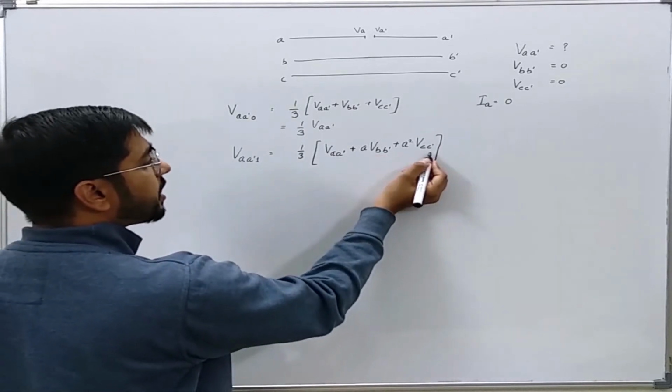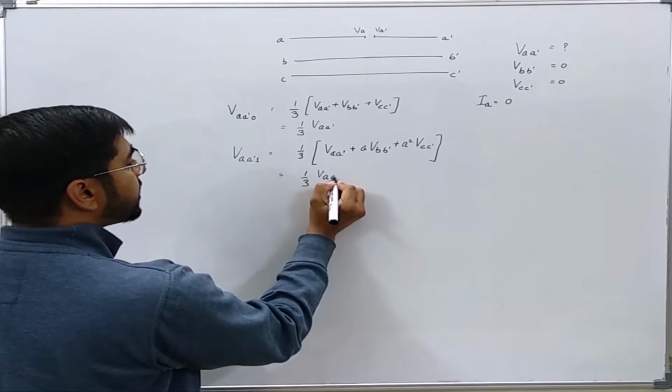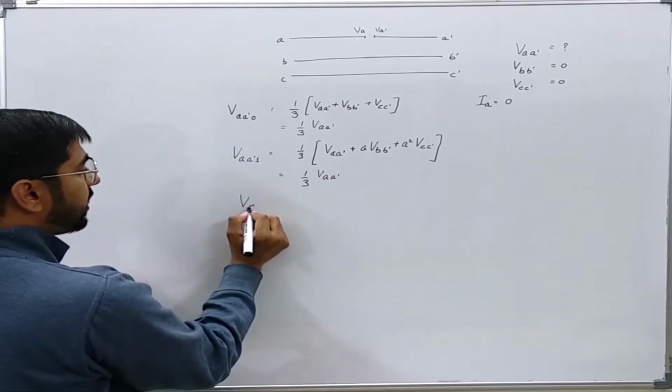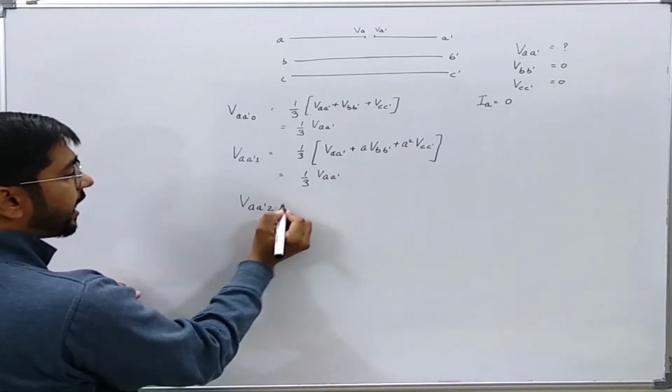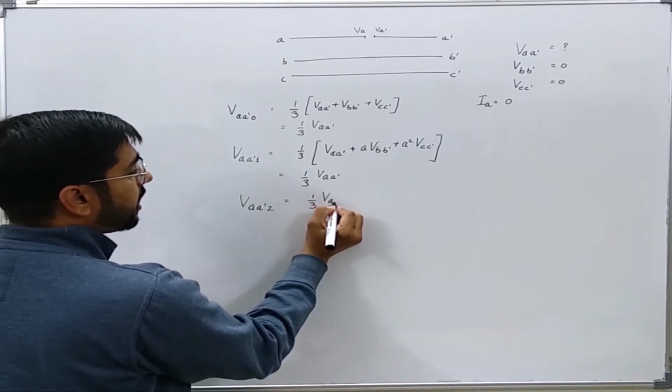Now again these two are 0, so it is nothing but 1/3 VAA dash. Similarly, we can see that VAA dash 2, the negative sequence component, is also equal to 1/3 VAA dash.